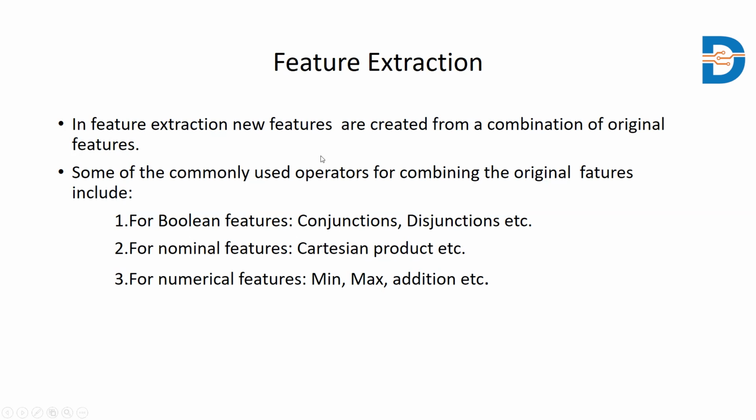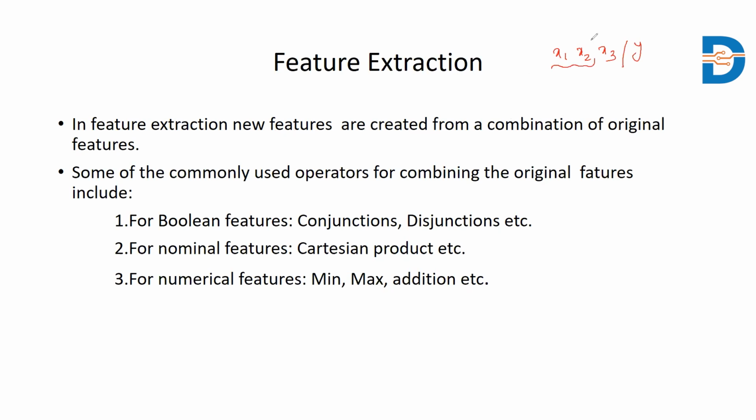So what does feature extraction exactly mean? Suppose I have some features x1, x2, x3, and I have one output y. In feature extraction, new features are created from the combination of original features.